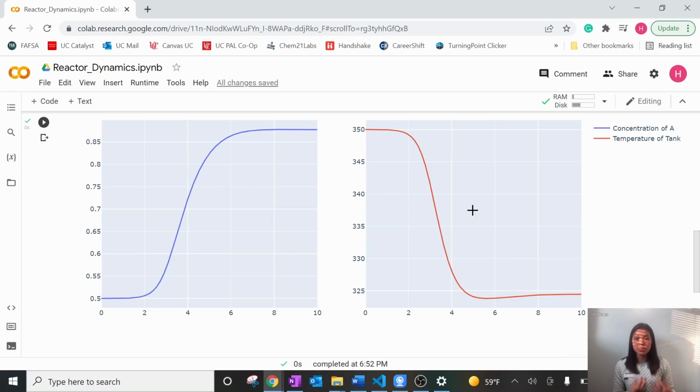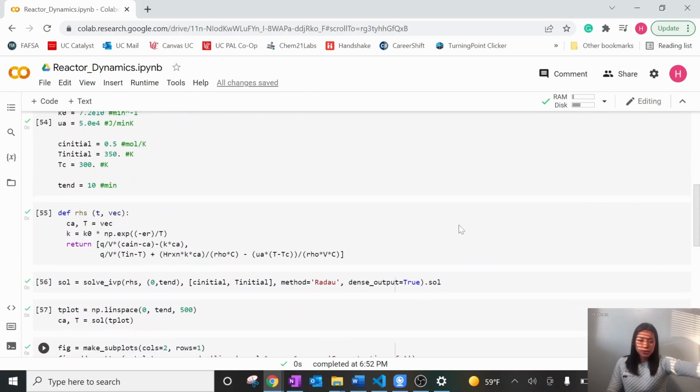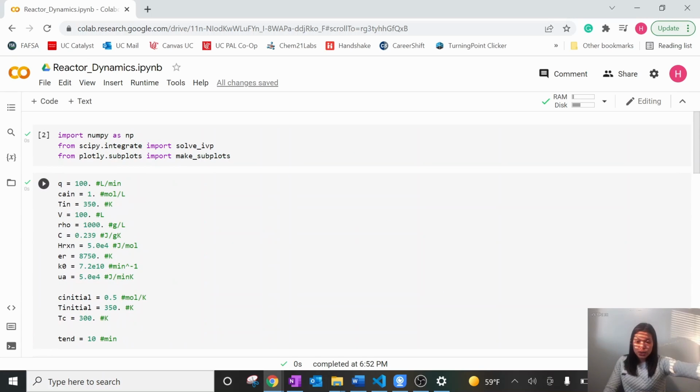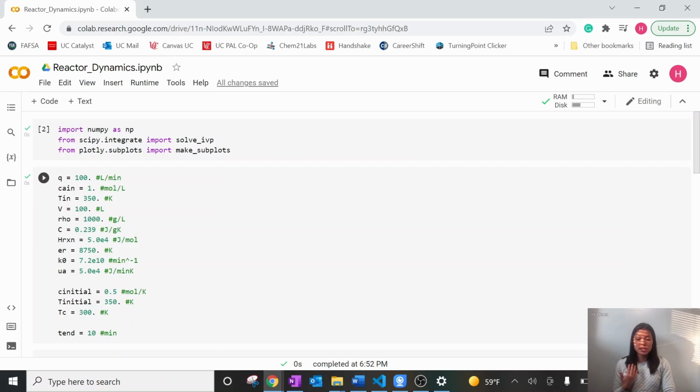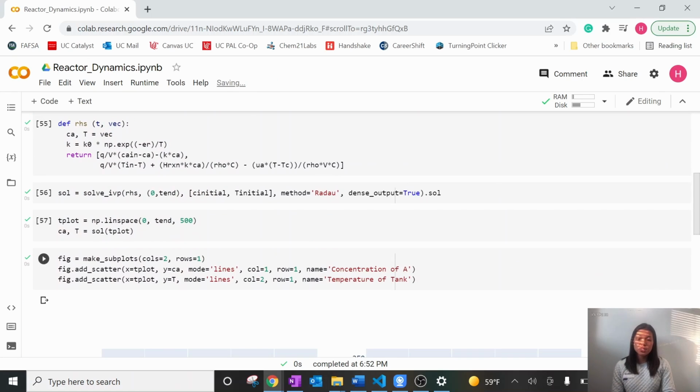They're inversely proportional, and so we can see that in the simulations. And so that is the reactor dynamics of a continuously stirred tank reactor, and it's the simulation for the concentration and temperature.